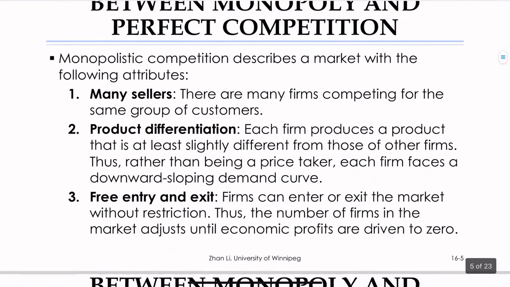Okay, now let's formally discuss the monopolistically competitive market. This market has three attributes. The first is there are many sellers. The second is product differentiation. Basically, it means firms produce similar products, but these products are still different.